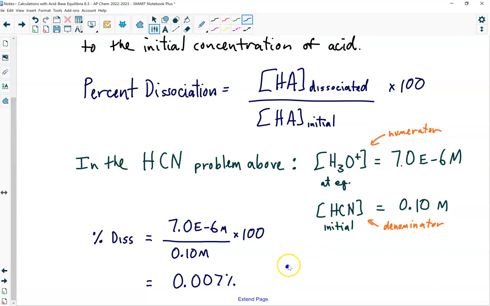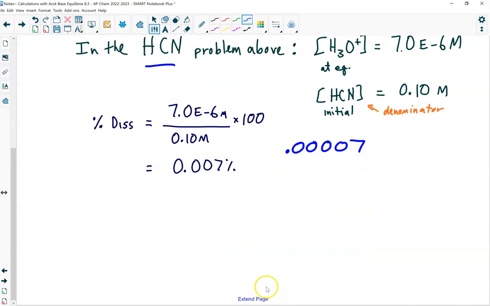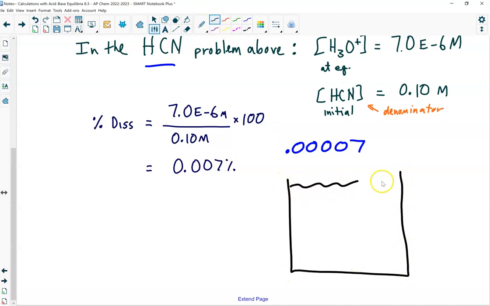So this would be 0.00007. So 0.00007 of these HCNs have dissociated, right? Okay. And if you think about that, when we draw our beaker, like I was drawing the beaker with HF, I was trying to show you the dissociation. Think about this.